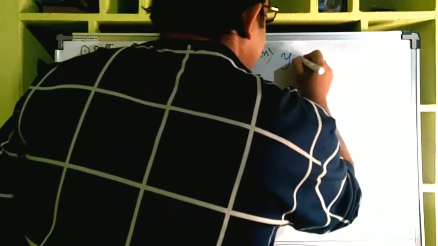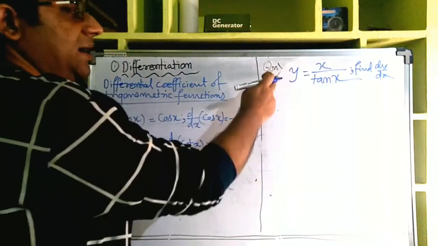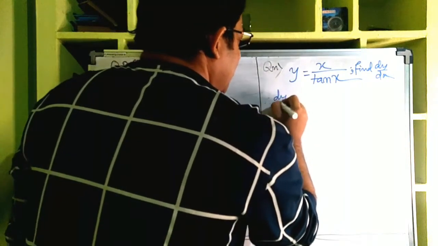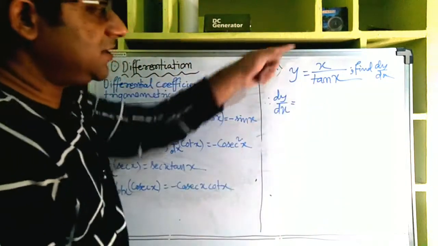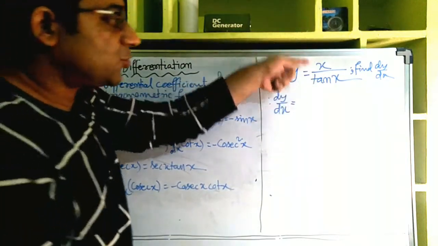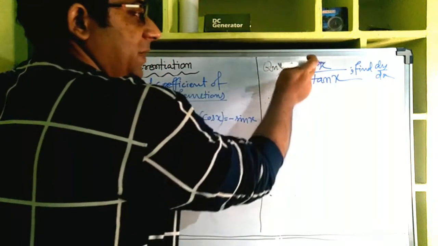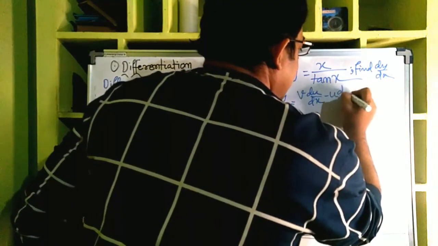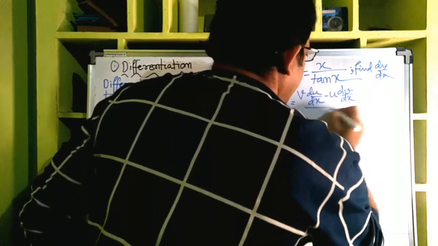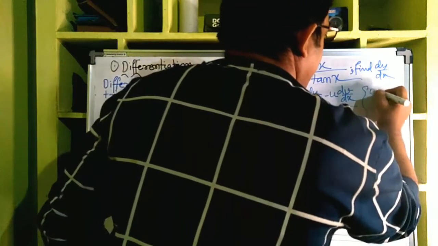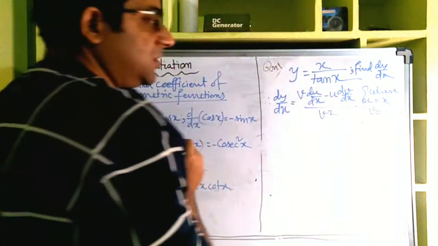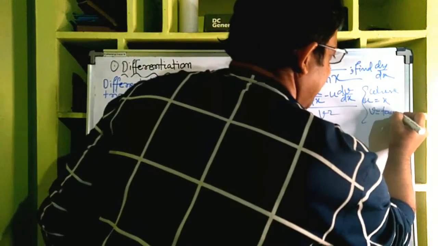Let us take y is equal to x by tan x. Find the differentiation of y with respect to x is the question. So directly we will find dy by dx. How? It is in terms of u by v. We have studied this: v du by dx minus u dv by dx, whole divided by v square, where u is x and v is the denominator, that is tan x, right?